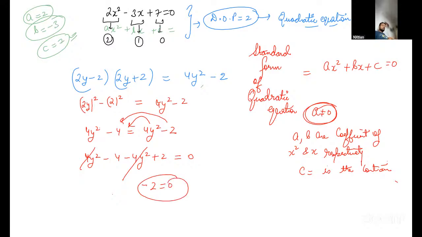Now, is this in the form of ax square plus bx plus c, the standard form of the equation?